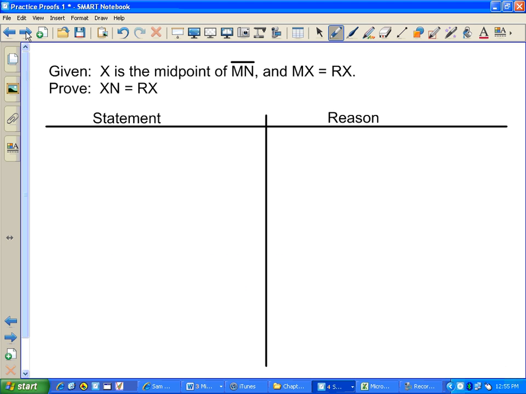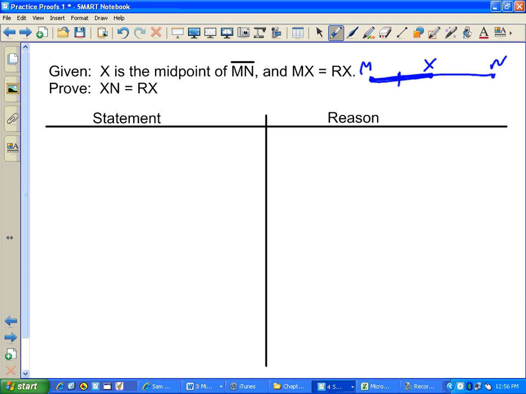Okay, one more here. First I'm going to draw a picture. I'm going to use the given information to help me draw a picture. X is the midpoint of MN. X is directly in the middle. MX is the same as RX. So I need to replicate this distance somewhere.